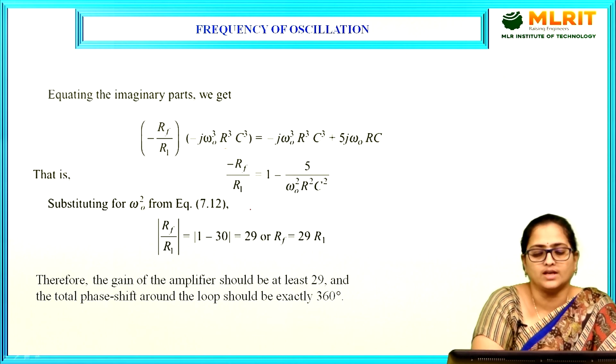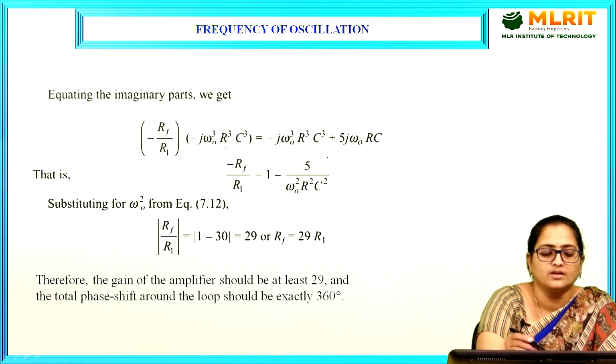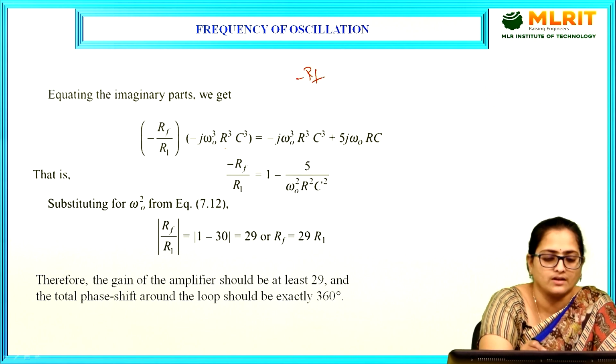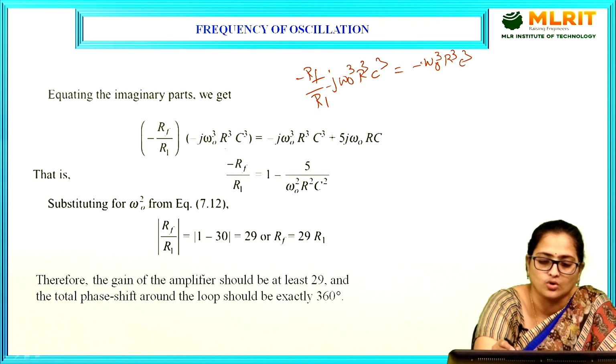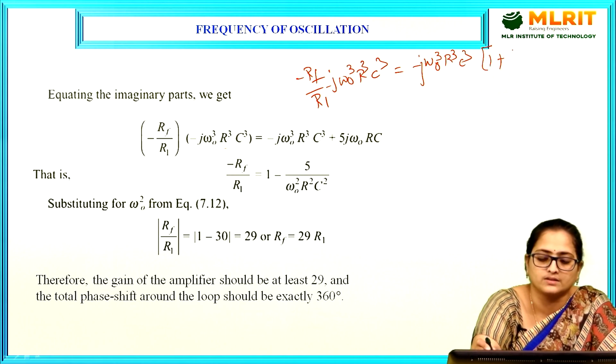Now, taking minus J omega naught cube R cube C cube common, we can write 1 plus 5 by omega naught square R square C square.